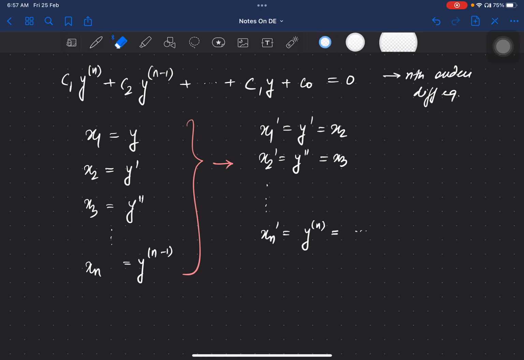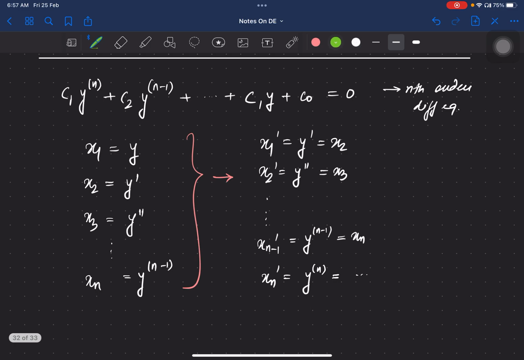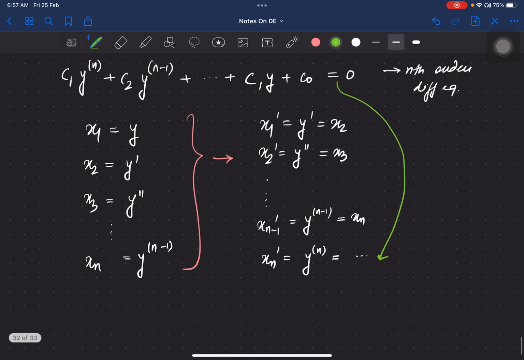But before that, let us do one more step. x_(n-1) prime: this is y^(n-1), this is xn. So now this y^(n) we will get from this equation.